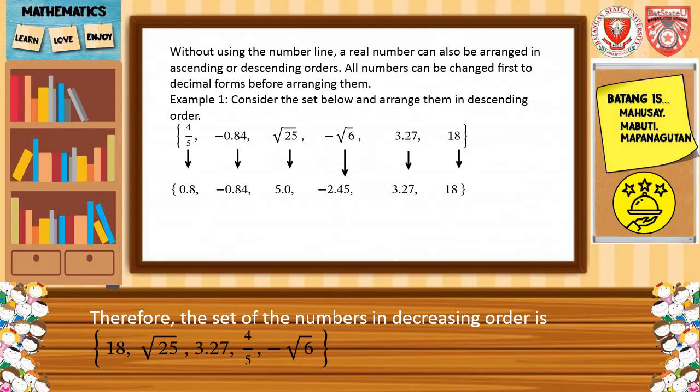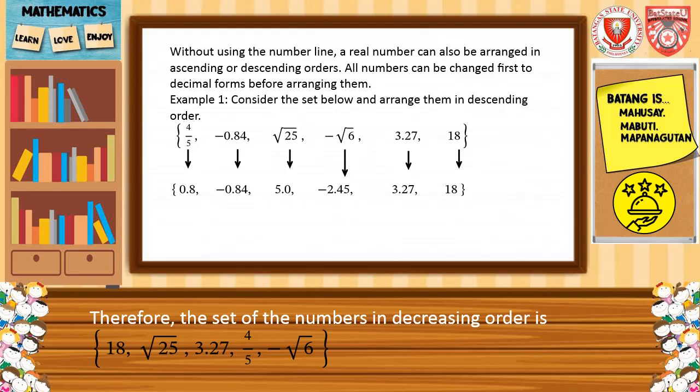So let us have the equivalent form of the given example in decimal form. So 4/5 is equal to 0.8. The square root of 25 is also equal to 5 or 5.0. Negative the square root of 6 is equal to -2.45.